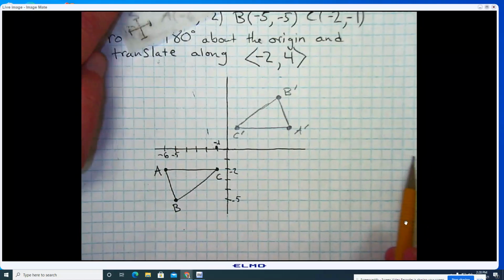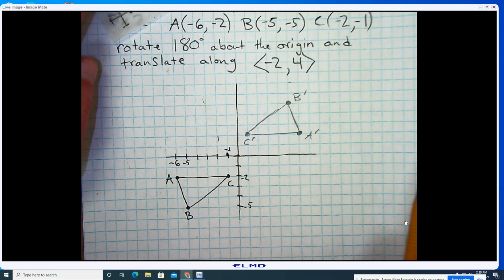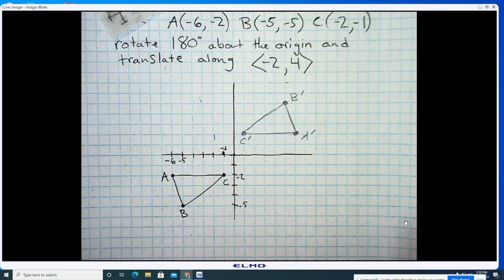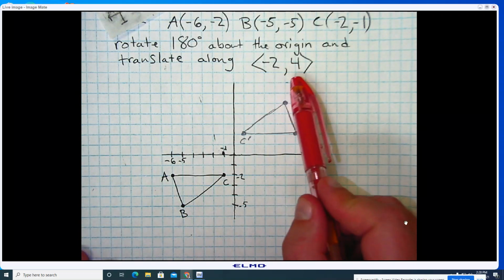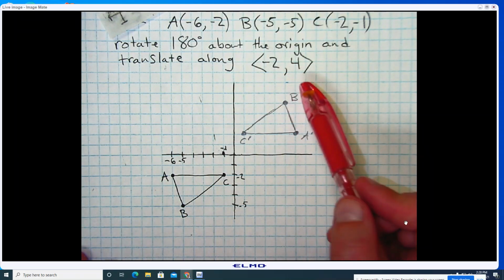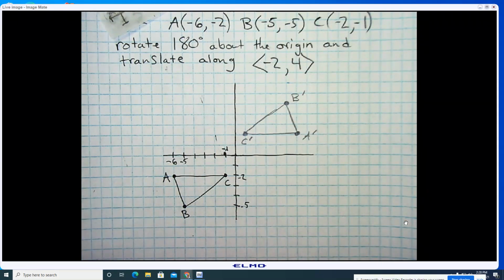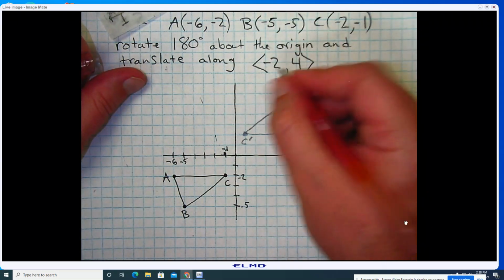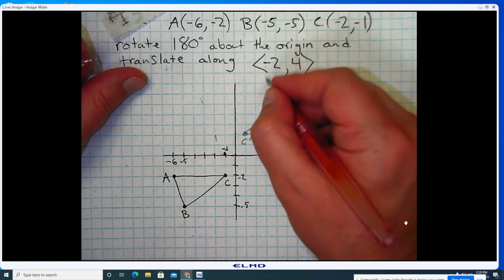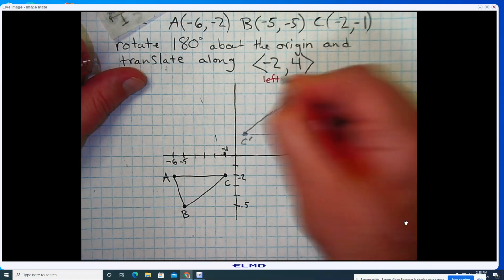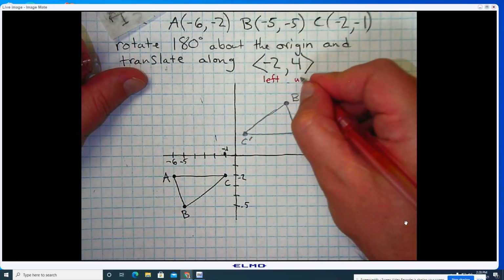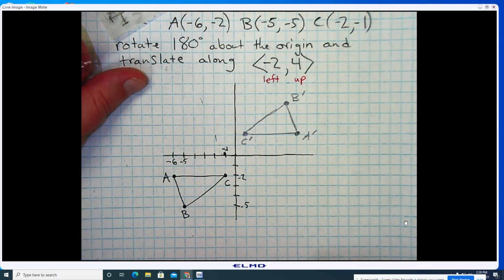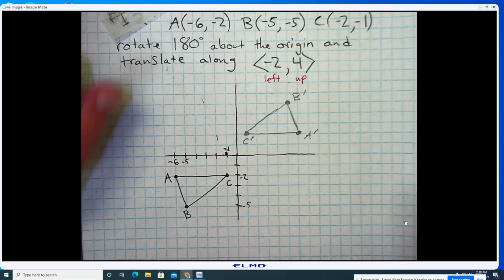And then the last thing is we're using this translation vector to move it. So this is our movement on the X, and this is our movement on the Y. Sorry, this is X, so that's left 2, and then up 4.